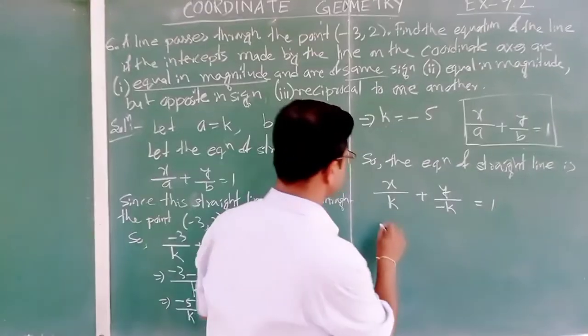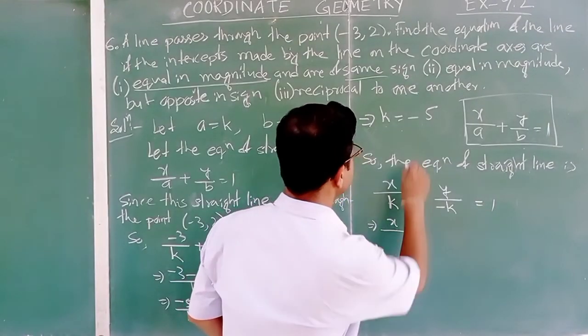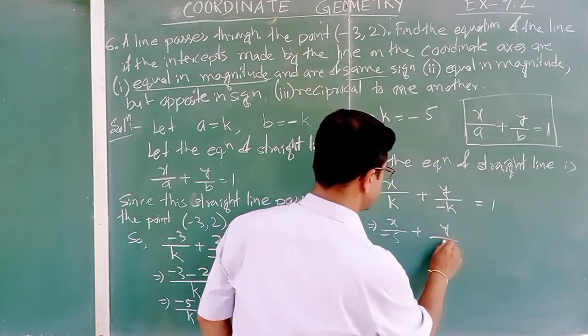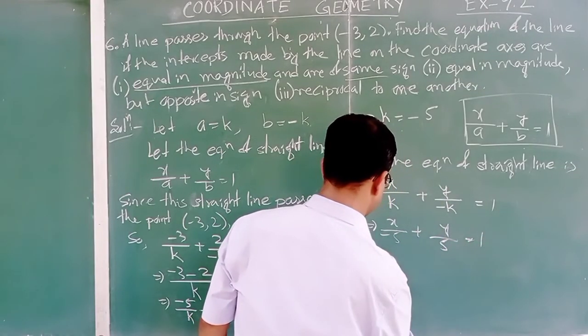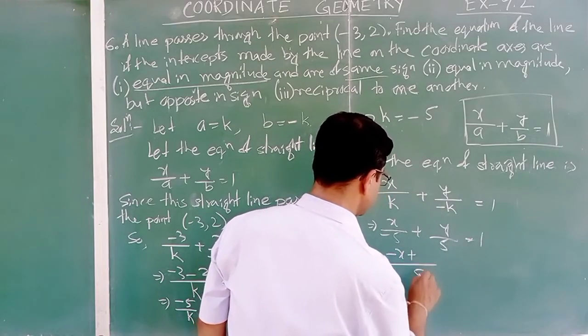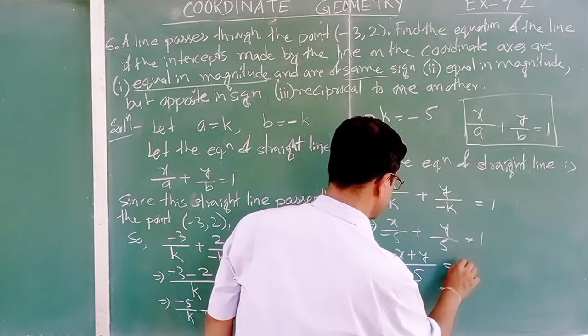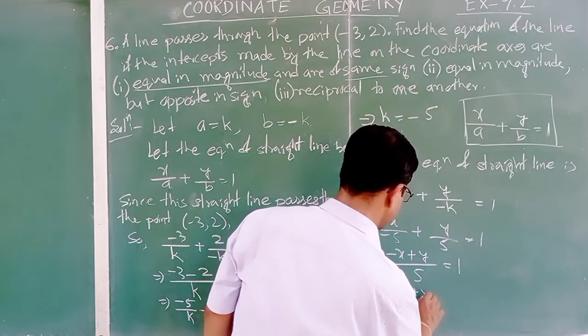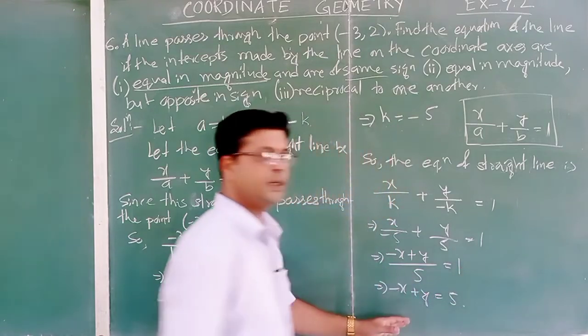Now let us substitute the value of k: x by -5 plus y by -(-5), that is 5, is equal to 1. Let us take the LCM: -x plus y is equal to 1 over 5, cross multiply, -x plus y is equal to 5. This is the equation of the straight line.